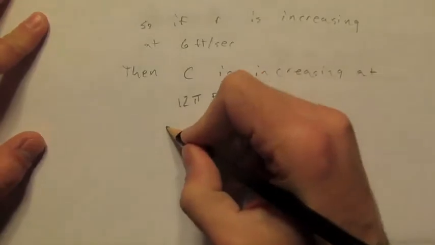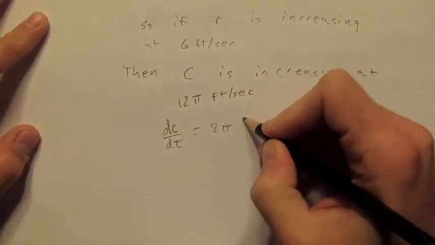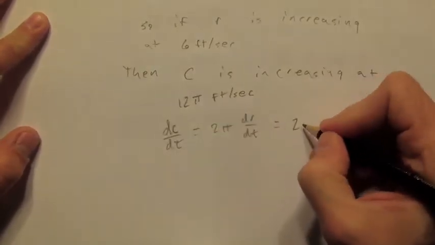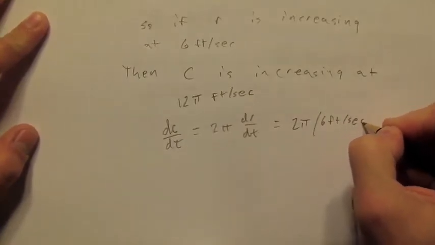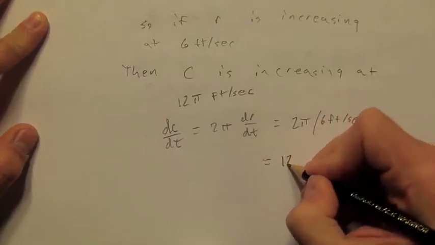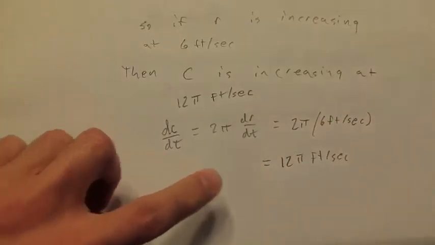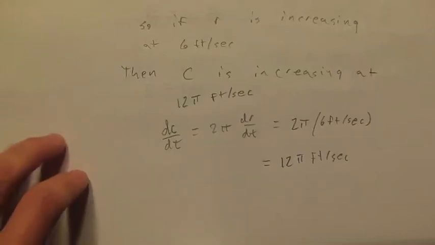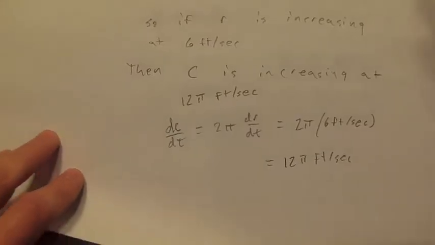Right, and how you get that is if we have dc over dt is 2 pi times dr over dt, we just put in the value for dr dt, which I just said is 6 feet per second, and we multiply to get the 12 pi feet per second. And dc over dt is, of course, the rate. Okay? All right, and that is basically how we get these things related.